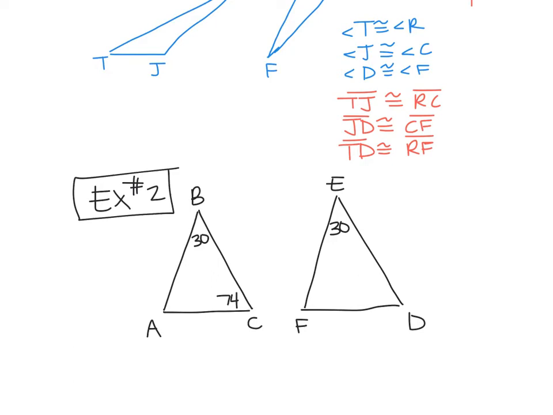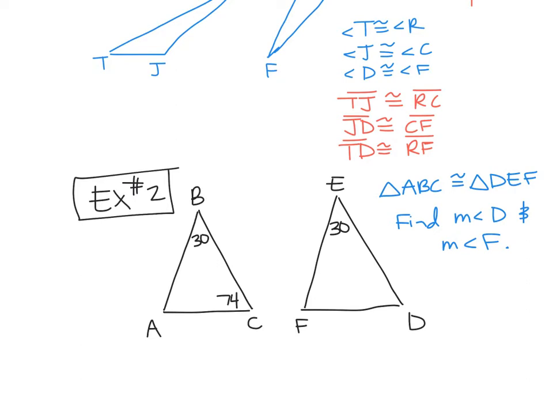And I'm going to tell you that triangle ABC is congruent to triangle DEF. We're going to find the measure of angle D and the measure of angle F. Give me a second to finish drawing that.